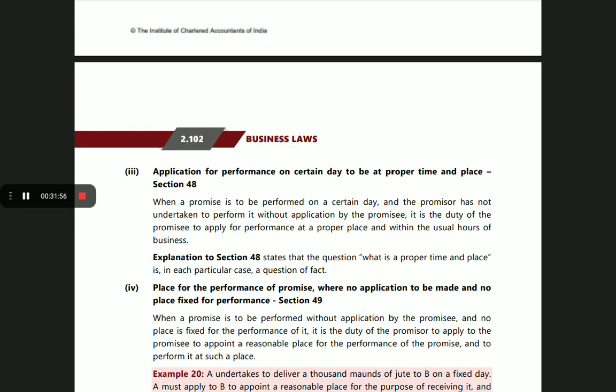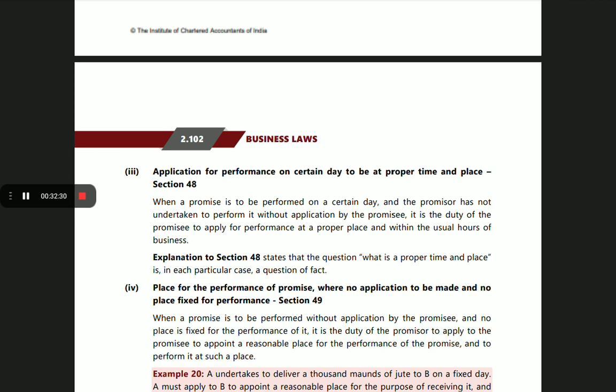Application for performance on certain day to be at proper time and place. Section 48. When a promise is to be performed on a certain day and the promisor has not undertaken to perform it without application by the promisee, it is the duty of the promisee to apply for performance at a proper place and within the usual hours of business.